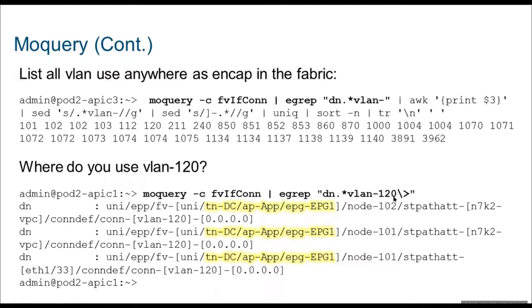Actually looking for encapsulation VLANs. So that's the class. And of course, here it's looking with egrep, particularly for the VLAN keyword. But this egrep is narrowing it down more. It's saying, I want to look especially for VLAN 120.